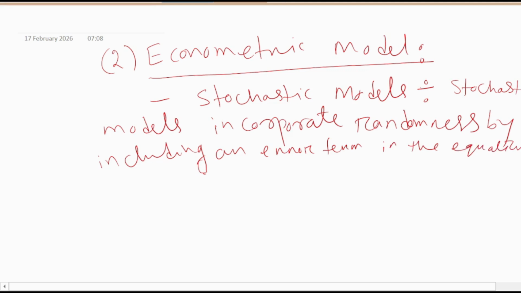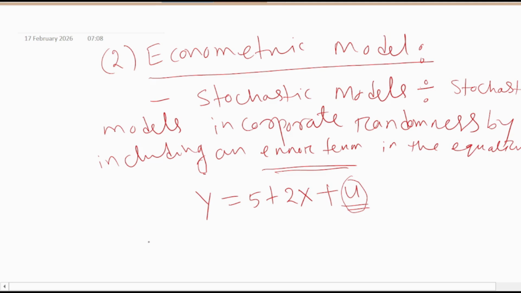We'll try to understand this. Suppose we will just write the previous equation, that is y is equal to 5 plus 2x, and which was the mathematical model, and if you are including a error term, that is u, this will become a econometric model or stochastic model. And here u is very much important. How it is important?